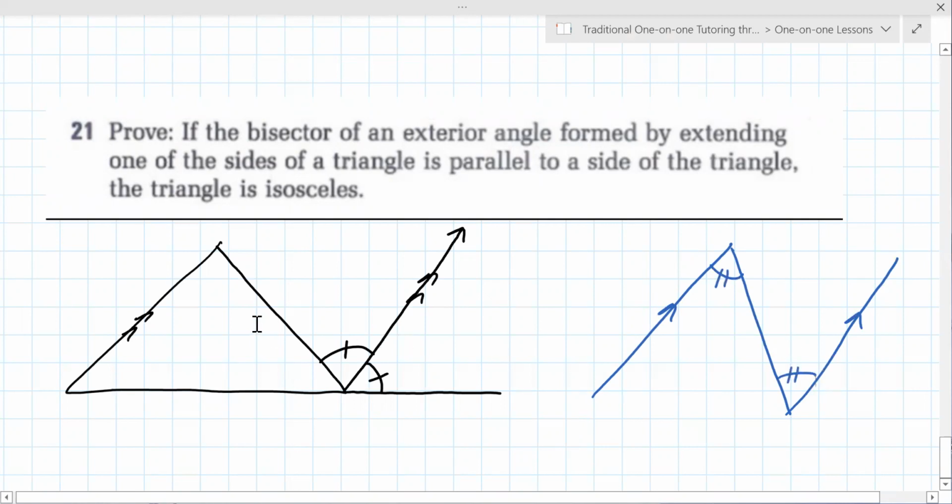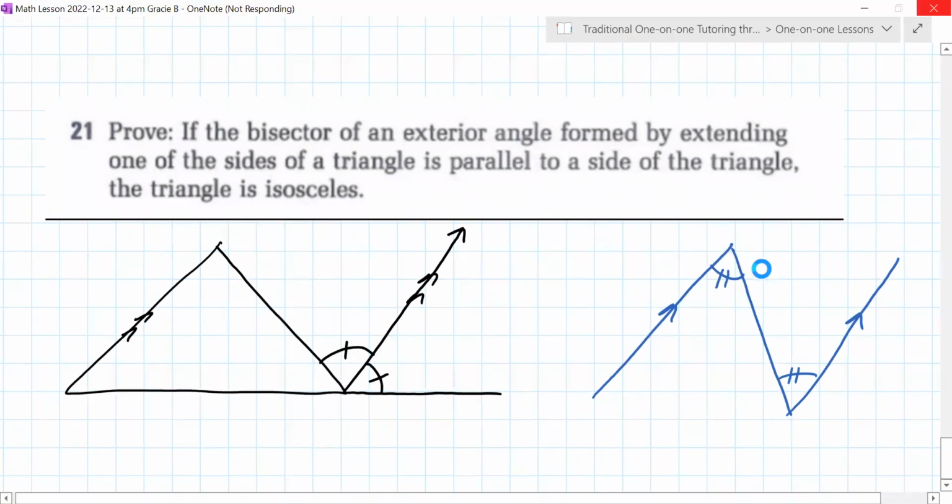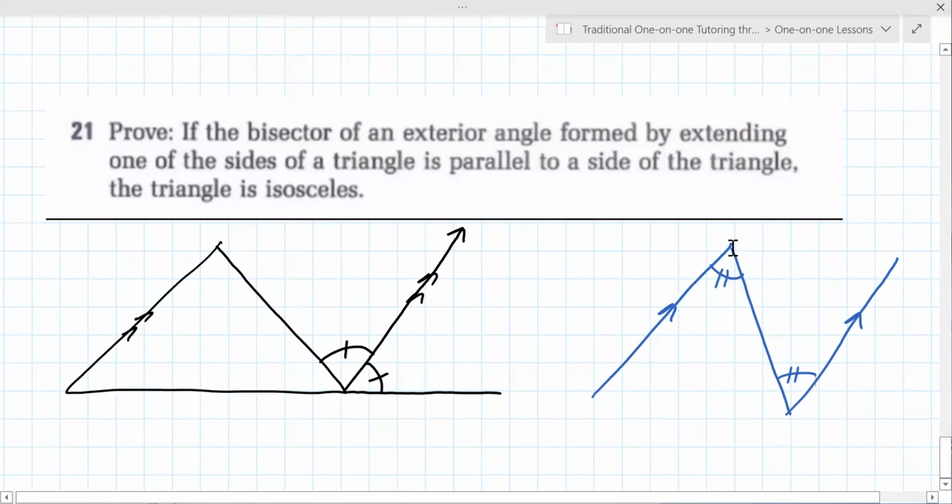How does that apply to your picture here on the left? Could you repeat the question? Sorry. Sure. So what I'm saying is, trying to show you on the right here, if you have two parallel lines, they're drawn so that they're oriented kind of the same as these here. If alternate interior angles are congruent, how does that help you over here in this triangle?